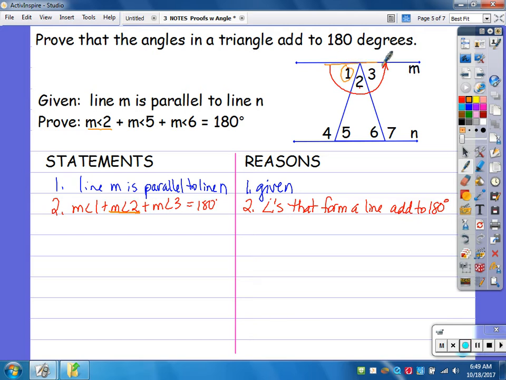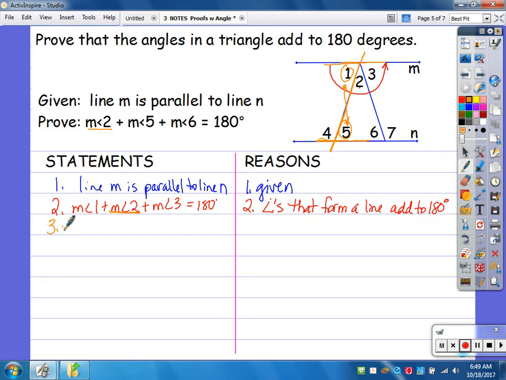If I look at my parallel lines, and I'll look at this transversal that's next to angle 1, and again, I know from what I'm trying to prove that I'm trying to replace it with one of these two, I can see that angle 5 is an alternate interior angle with angle 1. So I can say that the measure of angle 1 equals the measure of angle 5 because alternate interior angles are congruent.